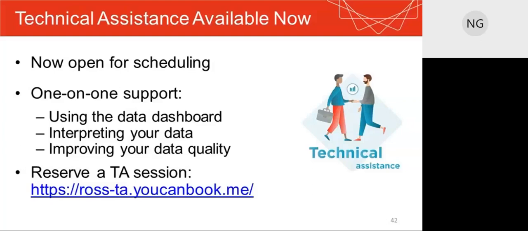And we're anticipating hosting quite a few TA sessions early in 2021, especially once the dashboard has been updated with fiscal year 2020 data. So we encourage you just to scroll forward as far as you can on the booking page to see what availability works for you. And we'll be happy to work with you in the new year, especially once the data has been added.